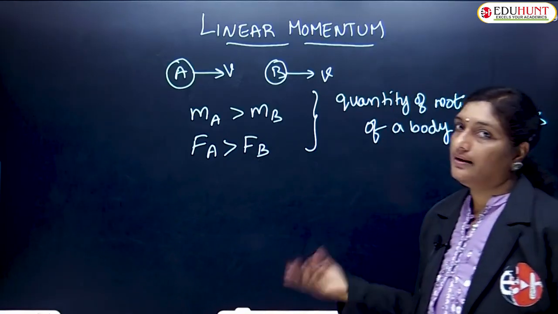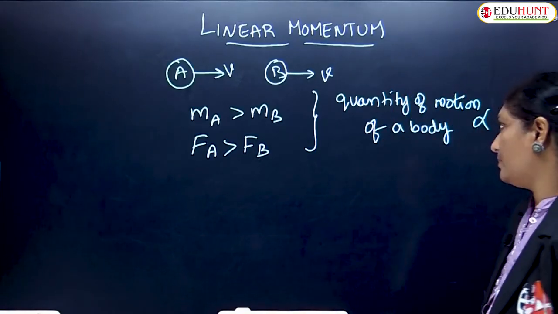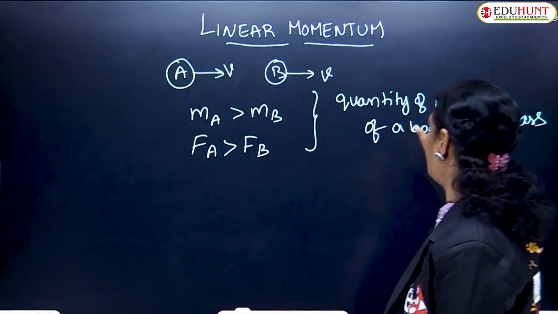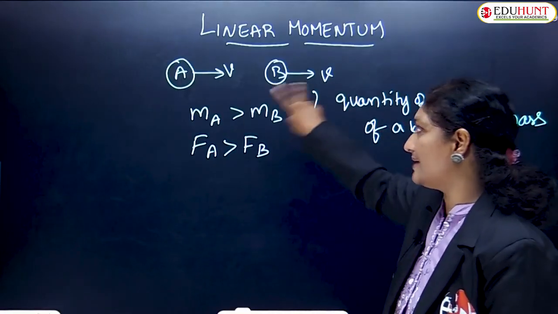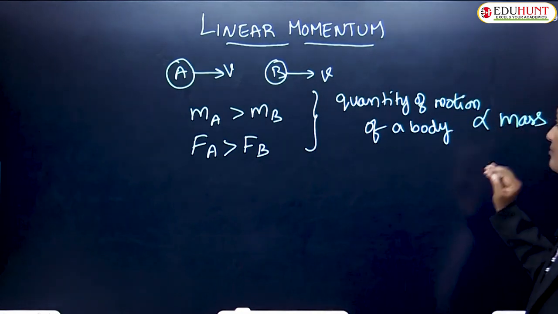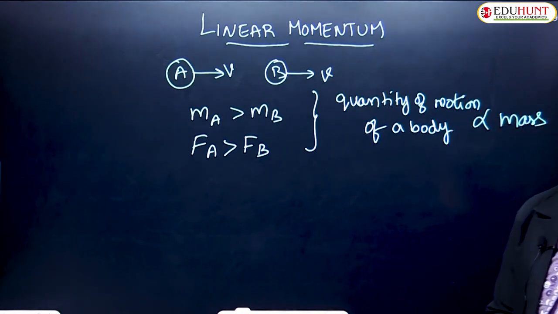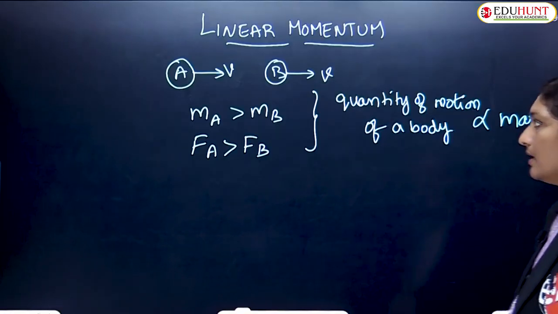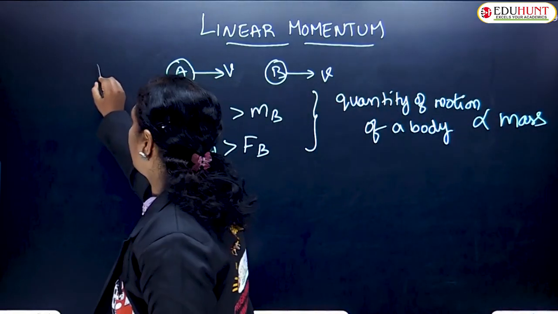The heavier the mass, the greater the force required to stop the body. The lighter the mass, the lesser the force required to stop the body. Both are set into motion because they both are moving with velocity v. So the quantity of motion of a body is directly proportional to the mass of the body. This is case 1.